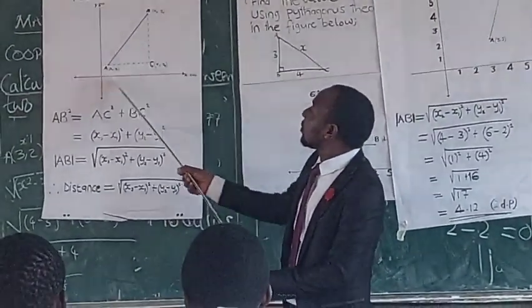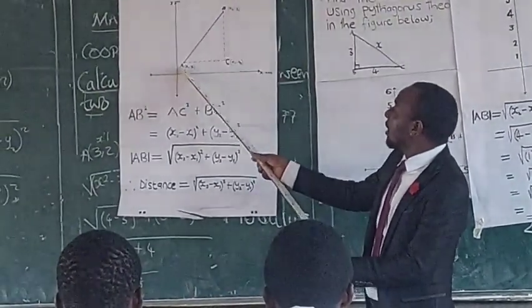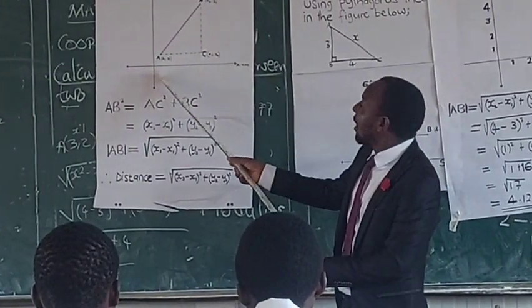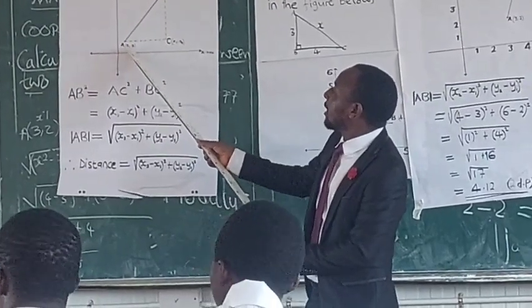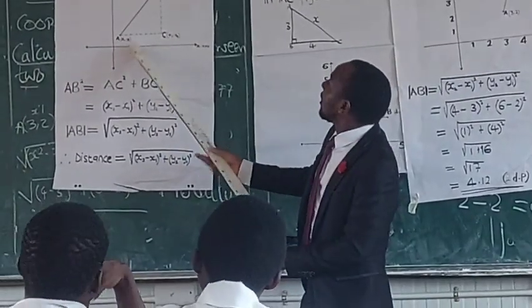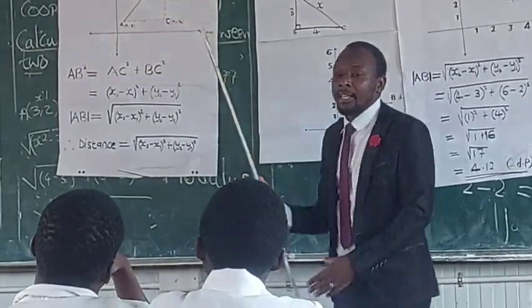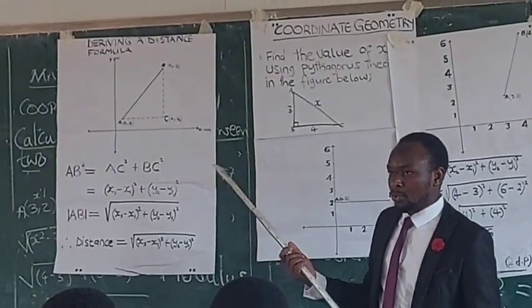But because this is the original point where we start our journey from, the x-axis coordinate will be indicated as x1 and the y coordinate as y1. The same, where we end our journey at B, we indicate the values as x2 and y2.